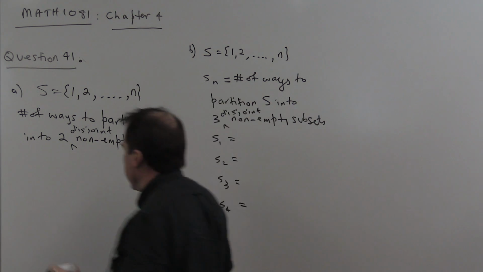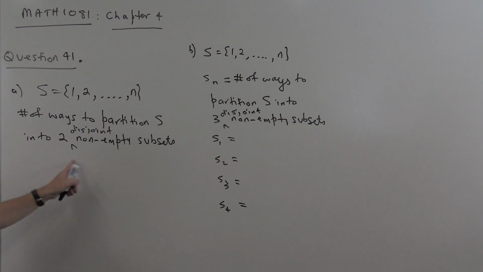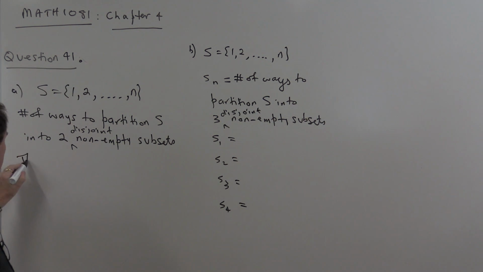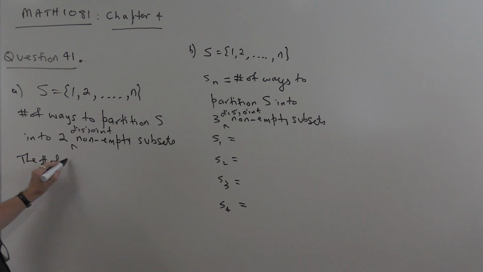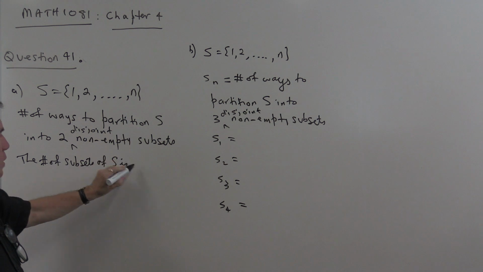So we're trying to take my S and split these numbers up into 2 non-empty subsets. Well, you learned back in the very first topic that the number of subsets of S is 2 to the n.